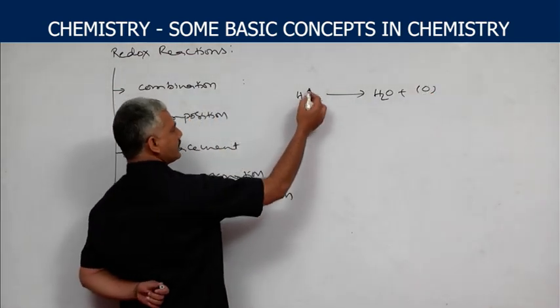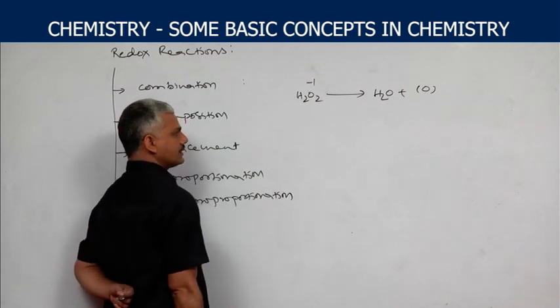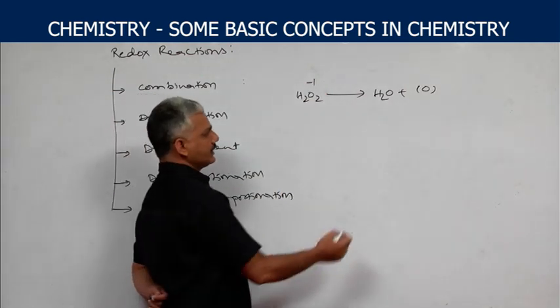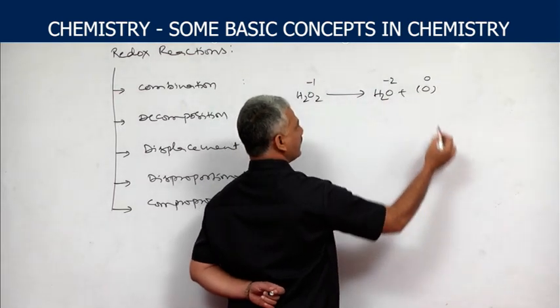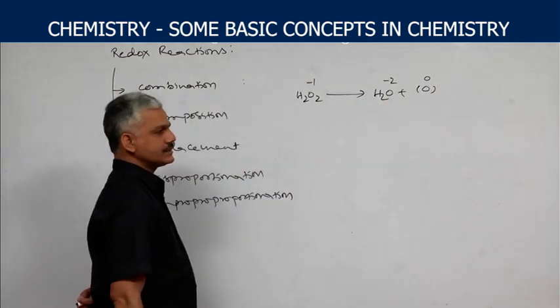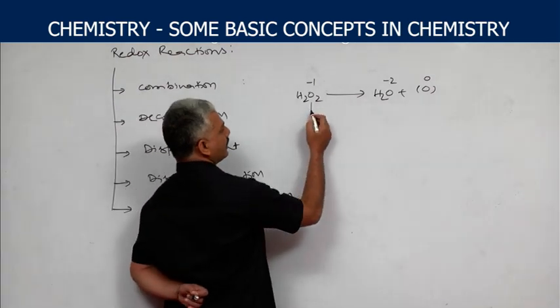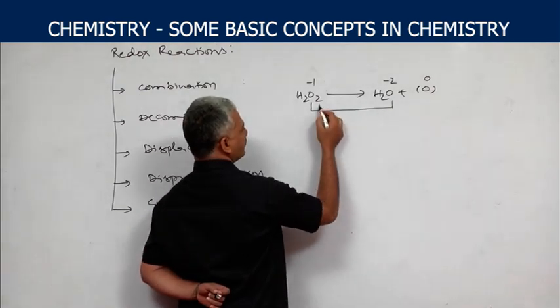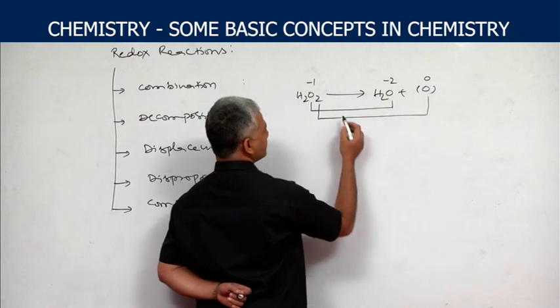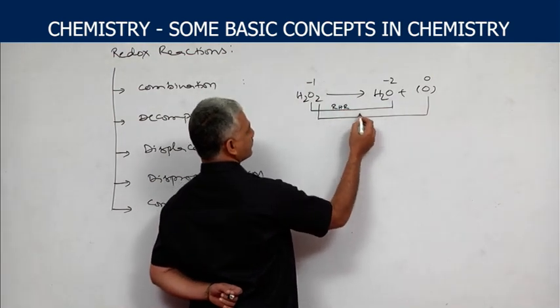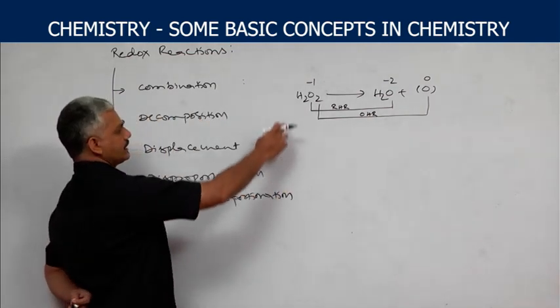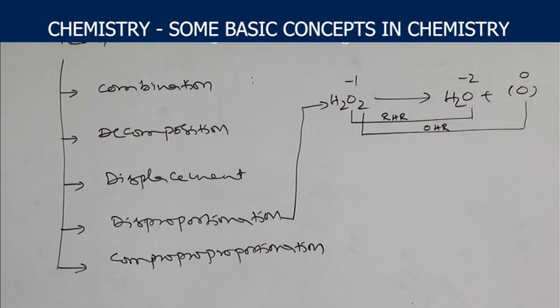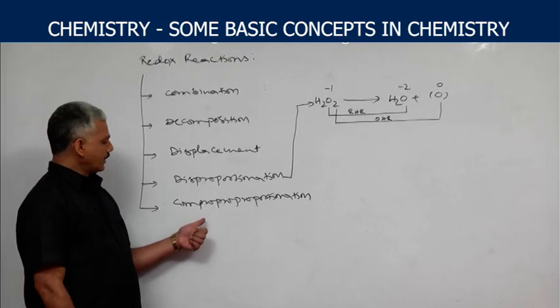In this reaction, oxygen's oxidation state on the reactant side is -1; on the product side, in water it is -2 and in nascent oxygen it is 0. So oxygen is undergoing both reduction as well as oxidation. This is an example for disproportionation reaction.